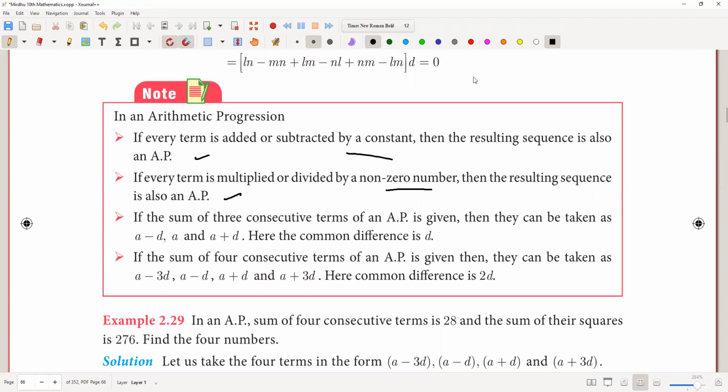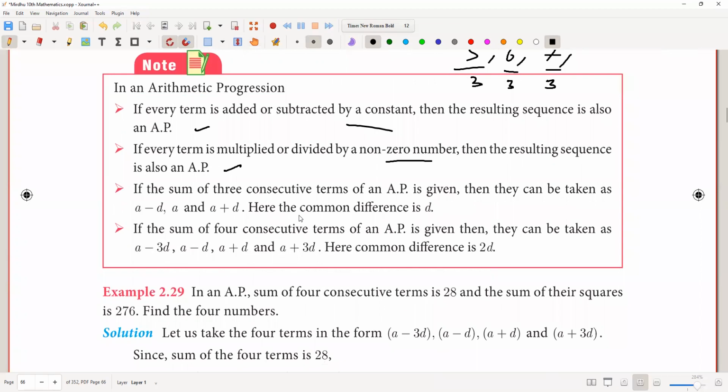If I take 5, 6, 7 and divide by 3, 3, 3, 5, 6 and 7, you know already it is an AP. If I divide all the terms by any number, then also I'll be getting the same. It will be in AP. Multiplied or divided, then also it will be in AP.